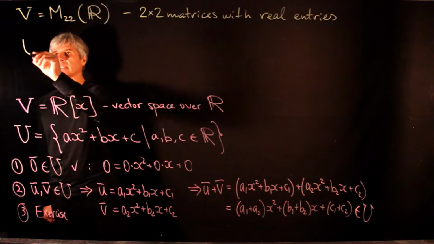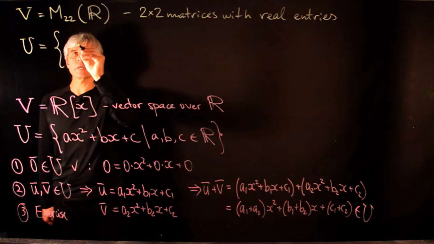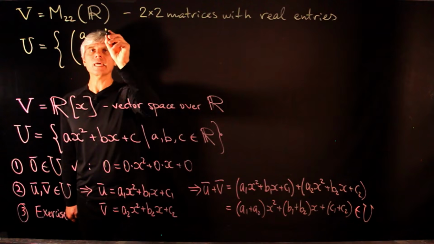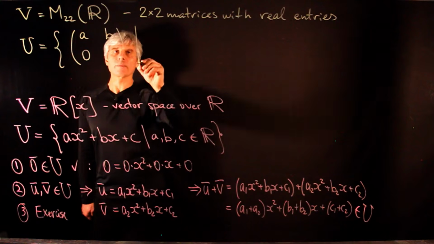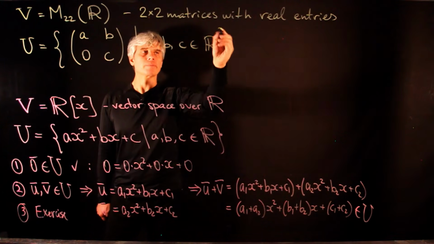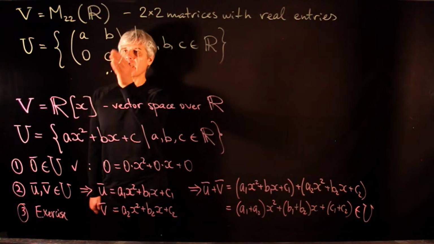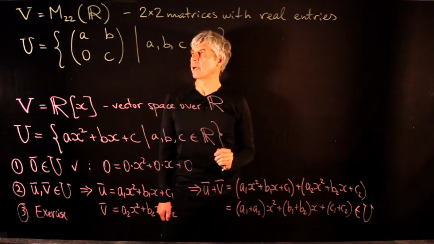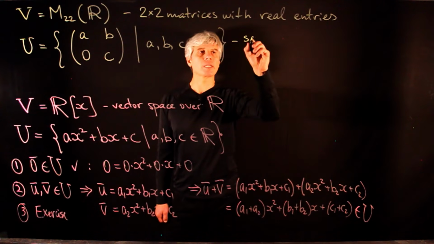And as a set U, let's take the following subset of matrices. Let's take matrices of the form A, B, 0, C, where A, B, and C run over real numbers. These are sometimes called upper triangular matrices. So they have 0 in the lower left corner. So we claim that this is a subspace.